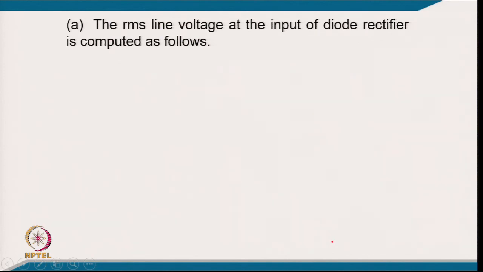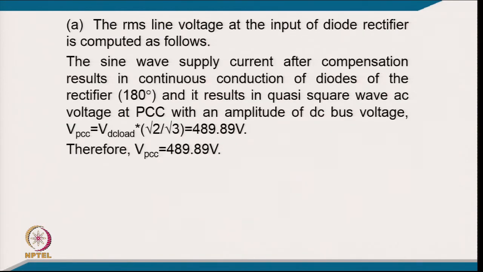So, the RMS line voltage at the input of the diode rectifier is computed as follows. The sine wave current after compensation results in continuous conduction of the diodes of the rectifier for 180 degrees, and it results in a voltage wave at PCC with an amplitude related to the DC link voltage, VDC by 2 root 3. So, it comes to 489.89 volt.